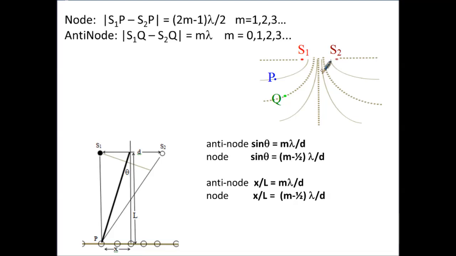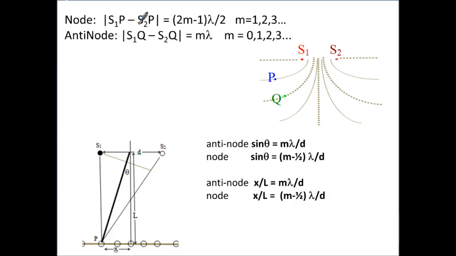Now, in actual fact, here are, if you like, mathematical formulas. Here is a mathematical statement of what we've already said, that these are the sources, S1 and S2, and I'm interested in the distance from S1 to some point P, and from S2 to some point P, and so I take the difference in those.